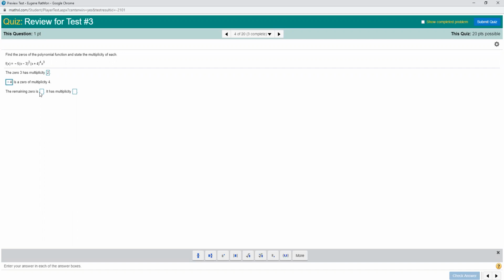And then, y'all, the last one, the remaining 0 is 0, and it had a multiplicity of, we said, 3. So get your zeros and then see over here how they're wanting them to be put in, okay? All right, so we would do that and then move on.